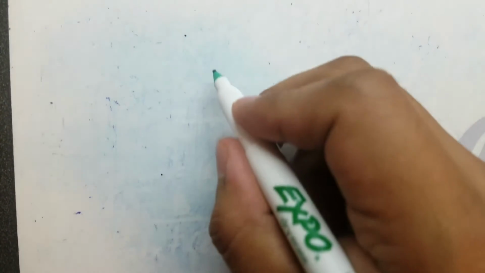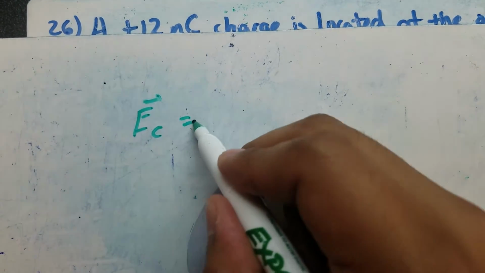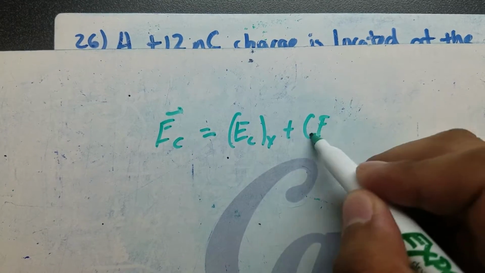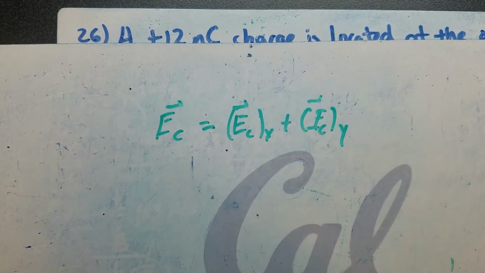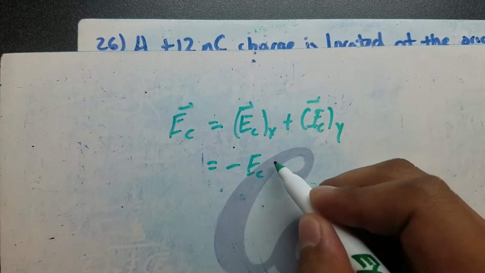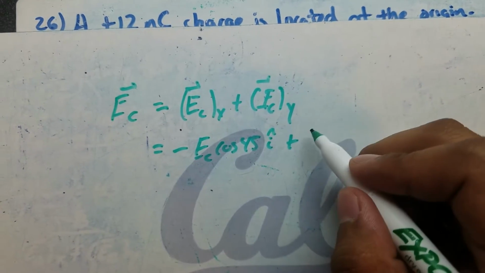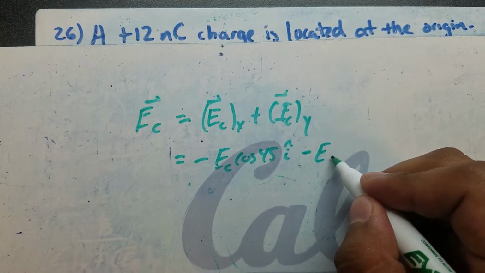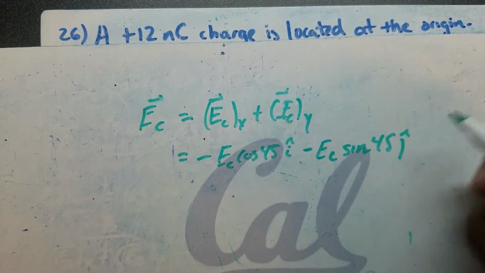So we're going to write here the EC vector, ECX, and then plus ECY, the magnitude in Y. And the same thing, so we're going to write negative EC cosine of 45 I direction plus, or in this case, since it's going downward, minus EC sine of 45 degrees J direction.